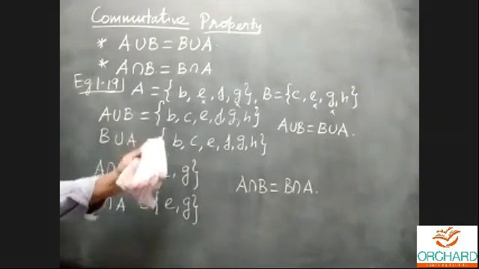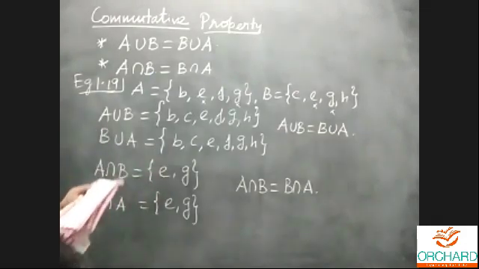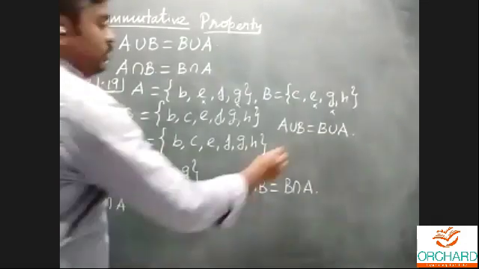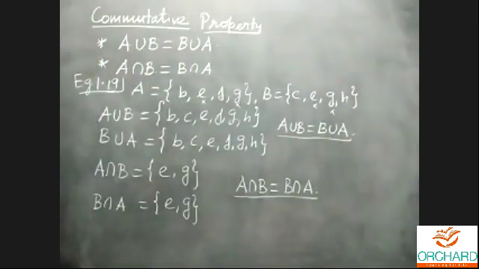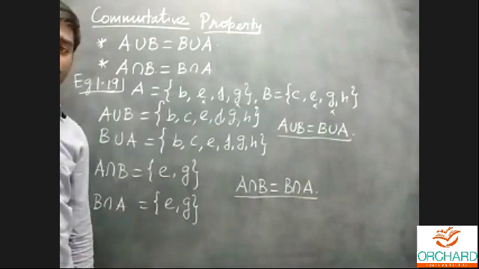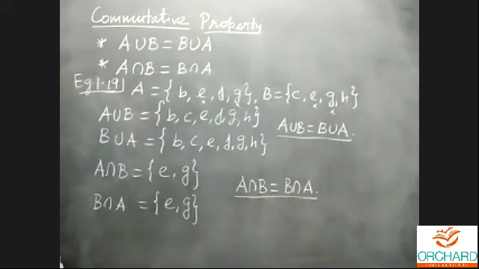Definitely the commutative property with union and intersection is always true. Also, the associative property for union and intersection is always true. These properties are true for any set. Next, associative property.